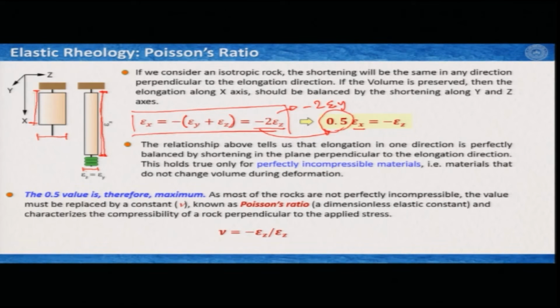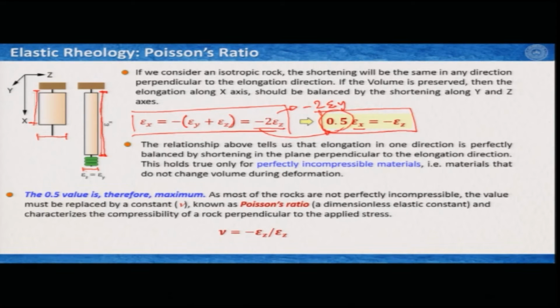So, this relationship, 0.5 epsilon x equal to minus epsilon z, tells us that elongation in one direction is perfectly balanced by shortening in the plane perpendicular to the elongation direction. And when that happens, then we call it a perfectly incompressible material. That is, the materials that do not change their volume during deformation.